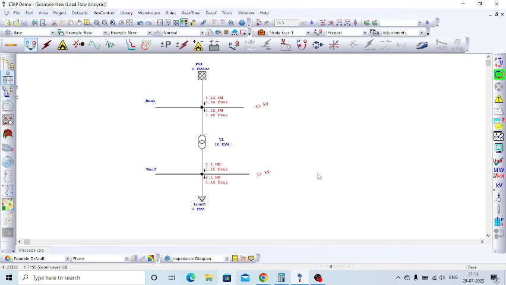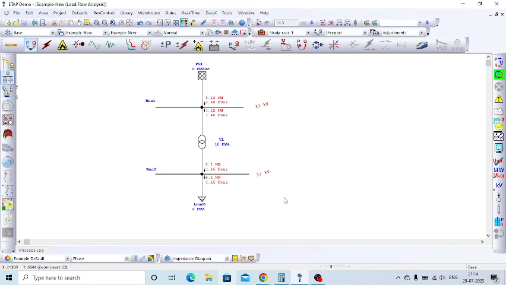For example, if it is plus or minus 10 percentage, then for 11 kV on the negative side it will be 9.9, and on the positive side it will be 12.1. So the voltage should be within that operating range.